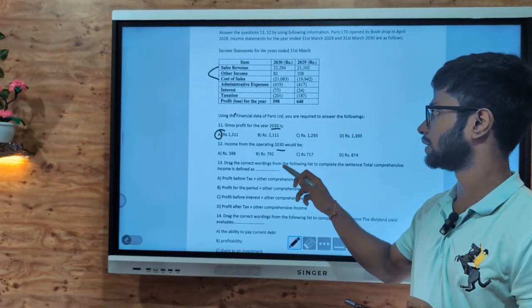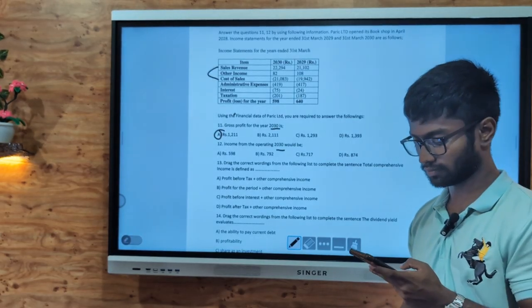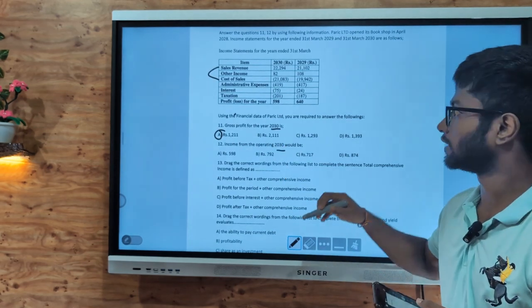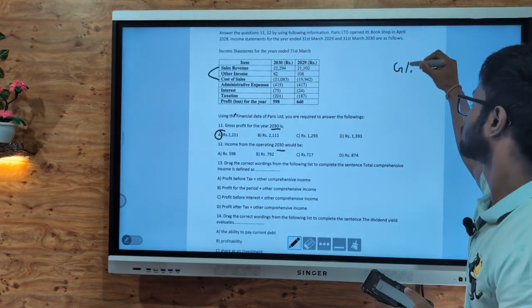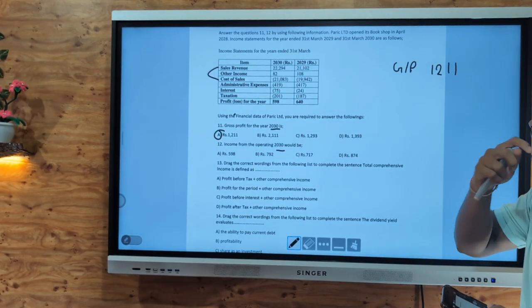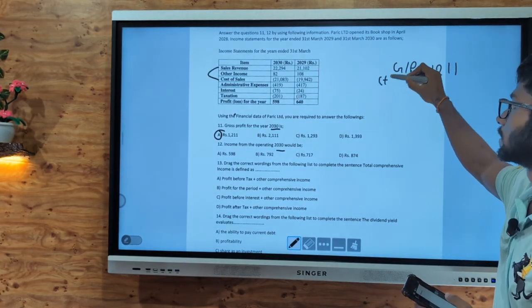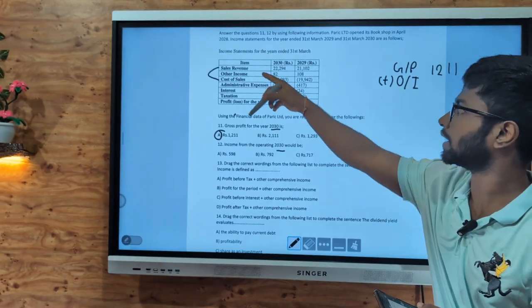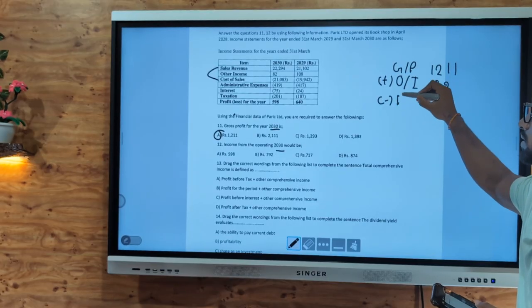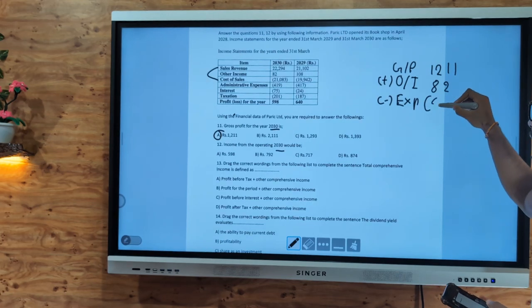Next, for 2030, we will get income from operating. So here, during 2030, we got the gross profit, which is 1,211. Next, from that, we have to add the other income. Other income we have 82, and minus the expenses, which is admin expense that we have, 419.